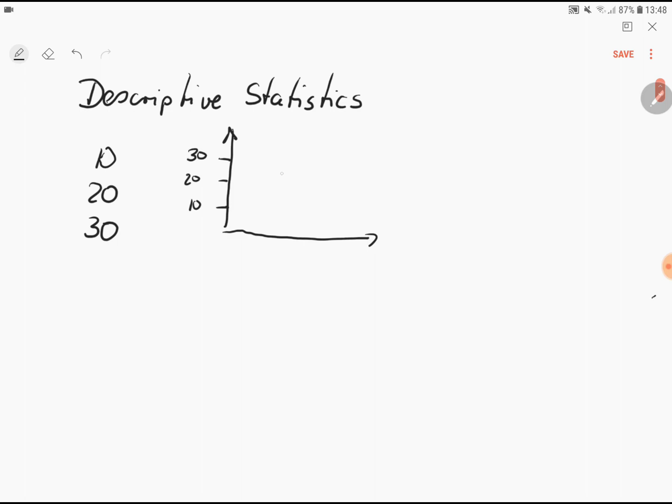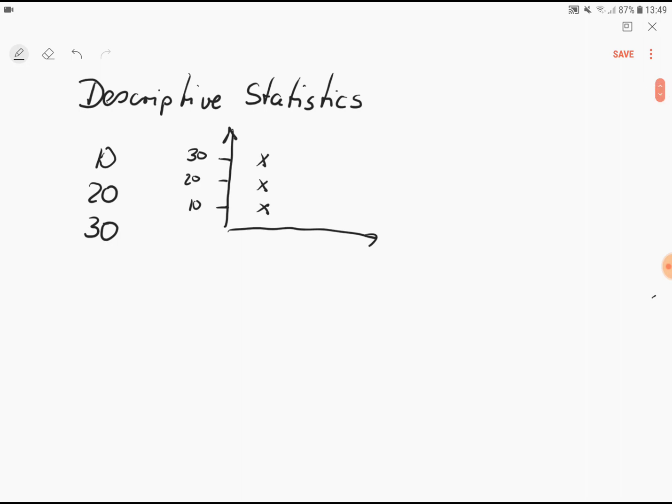And since this is one measurement, ideally all these data are located on one straight line. So they are all on one line, and so this is what a simple summary of 3 data would look like.